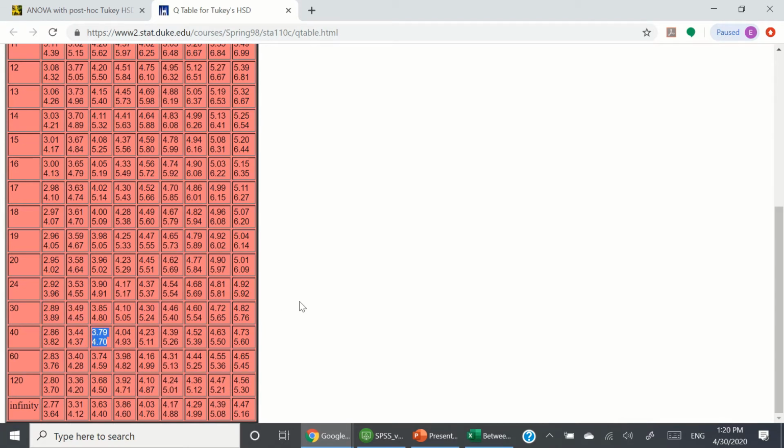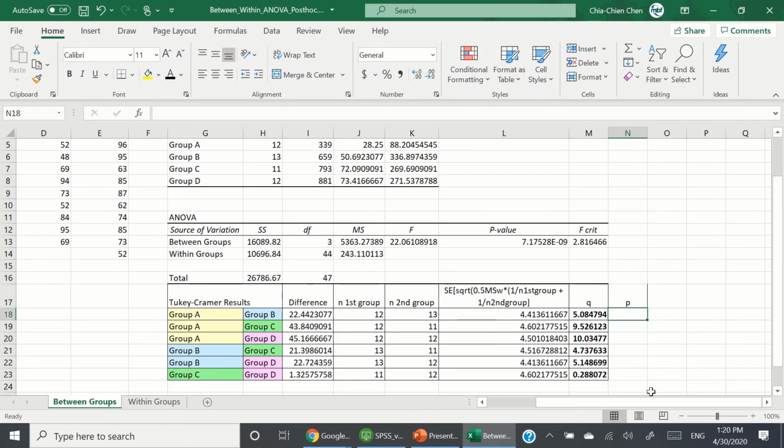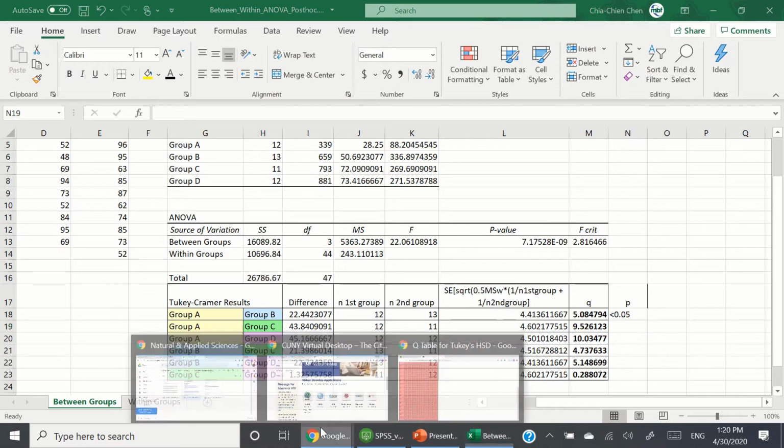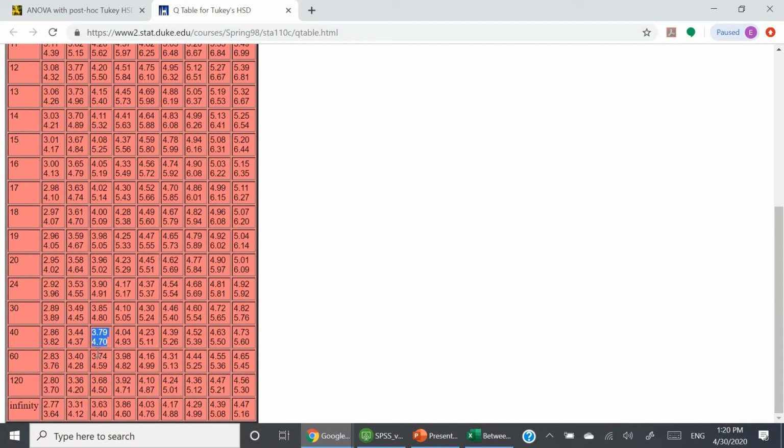Now, is the number in this comparison greater than 3.79? Yes, right? So that would mean that the p-value is less than 0.05 here. And now if you go back to the Q statistics, is it greater than 4.70?